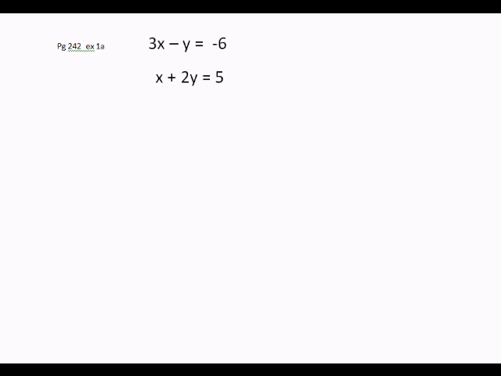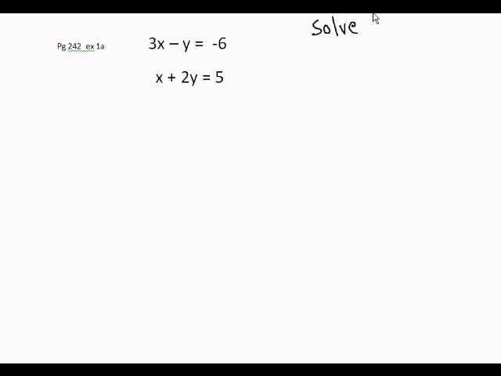Okay, so if I look at this first problem, I'm on page 242, example 1A. 3x minus y equals negative 6, and x plus 2y equals 5. Now, in the book, it says solve this by graphing.